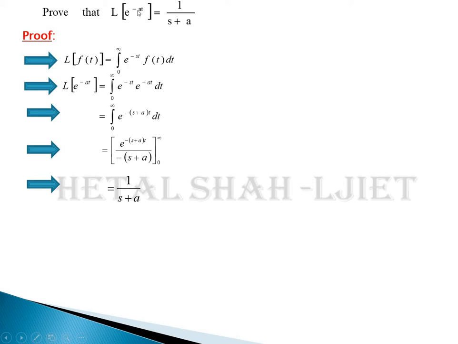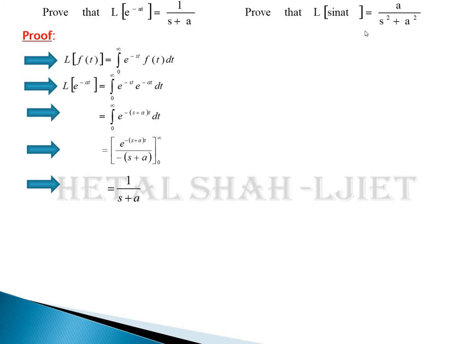Students, here we have e raised to minus at, but if we are given positive a, Laplace of e raised to at, then our formula is 1 upon s minus a. I told you both are opposite signs. So if you are given e raised to at, then the formula becomes 1 upon s minus a. Okay, do it yourself at home for your practice.